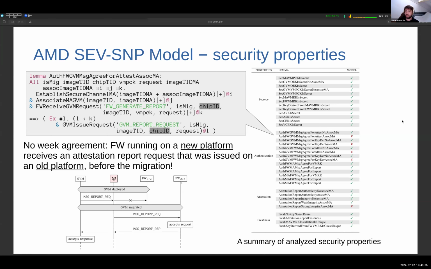But we don't model Galois counter mode to encrypt pages while the guest is being swapped. This is one of the limitations that we put because of the complexity. We use standard encryption in the model when we swap a guest, and we don't use GCM there, even though GCM is used in the specification.